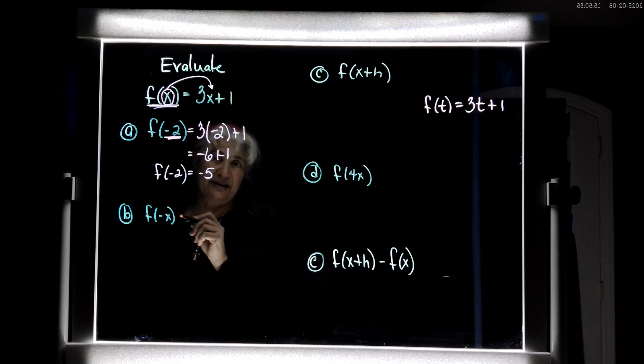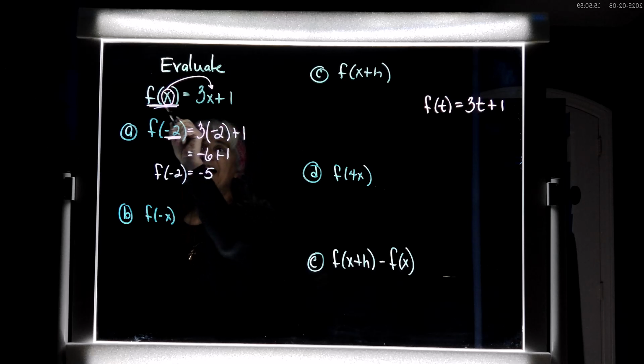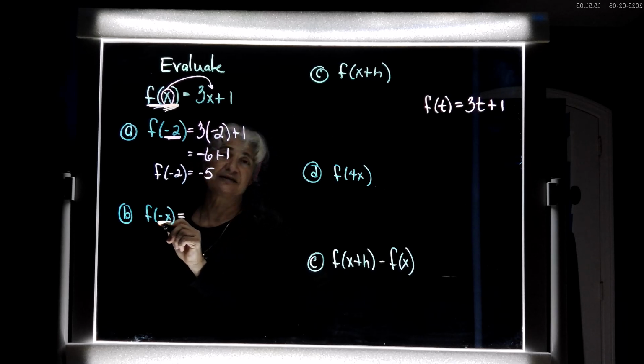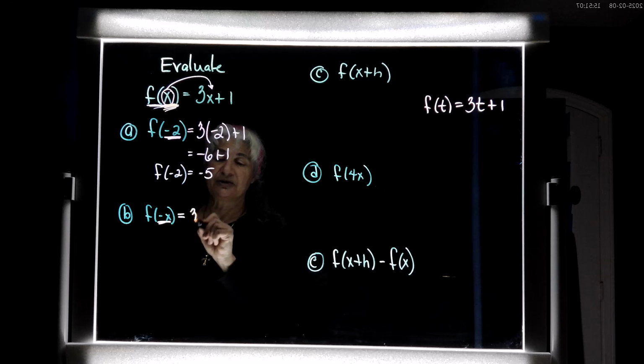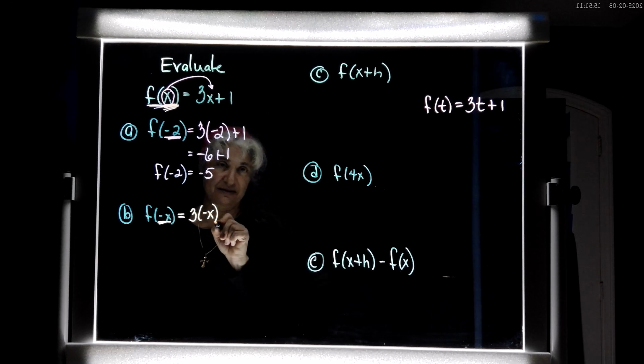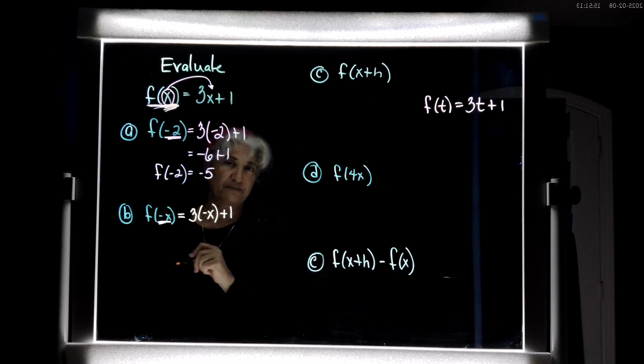Okay, let's look at letter B. Letter B says f of negative x. So in the place of x, I am putting in negative x. So it should be written as 3 times negative x plus 1.